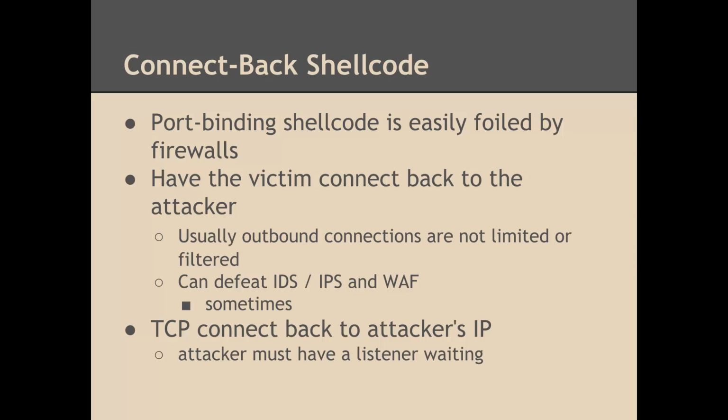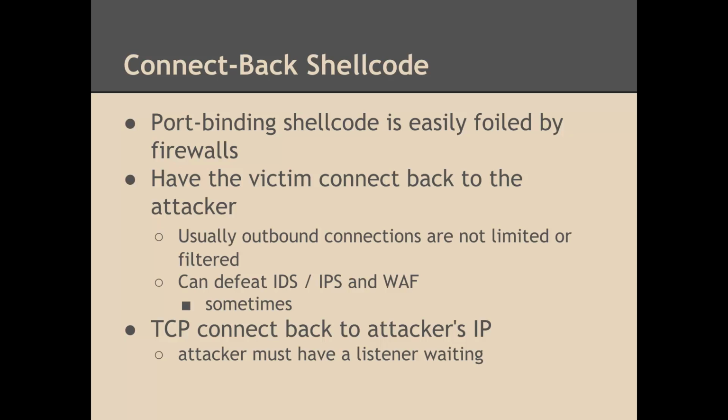And the way around that for attackers is to have the victim, once the exploit is successful, connect back to the attacker. And outbound connections from hosts inside a network are usually not limited or filtered by a firewall. And this often can defeat intrusion detection systems and prevention systems.